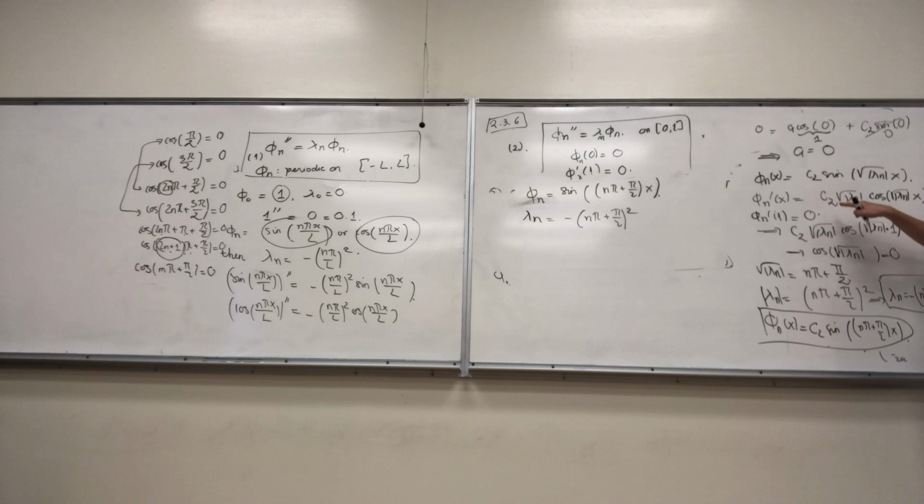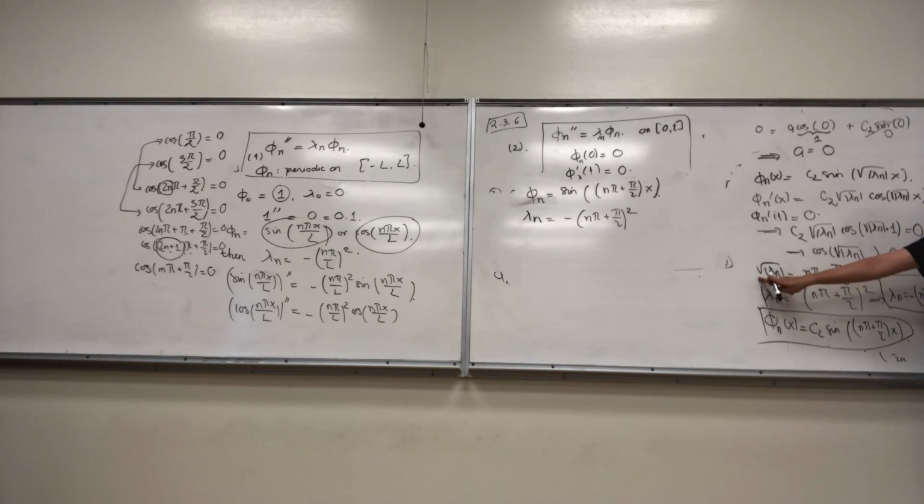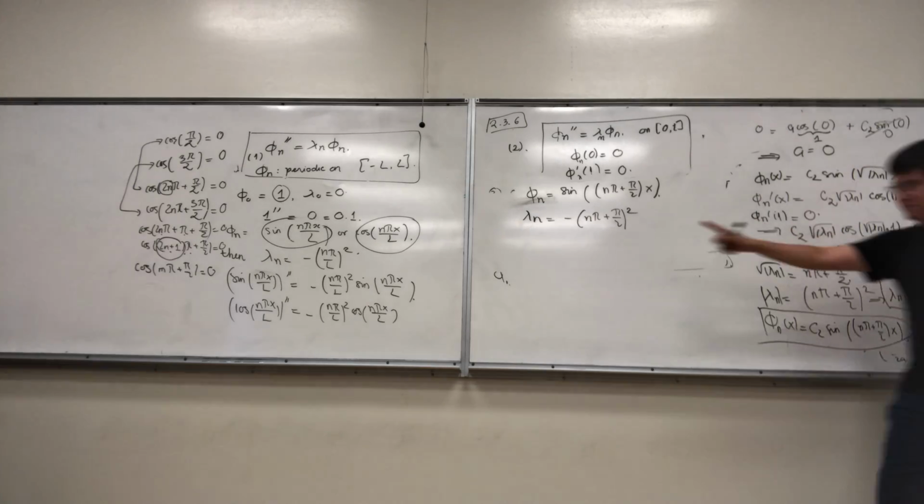The derivative gives me C2 square root lambda n cosinus of square root lambda n x. So phi n prime of 1 is 0. I replace 1 here, I have C2 square root lambda n cosinus of square root lambda n is 0, meaning that cosinus is 0. Cosinus is 0 means that the square root of lambda n is n pi plus pi over 2. This is coming from here, right?